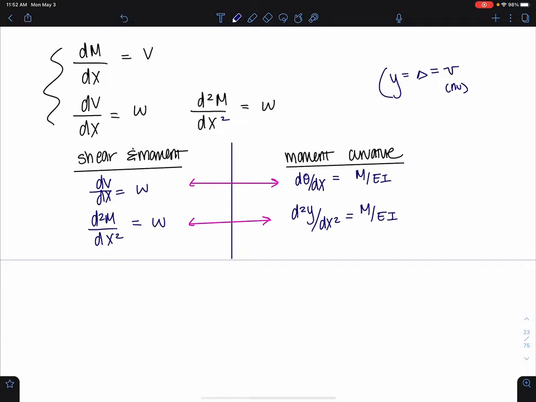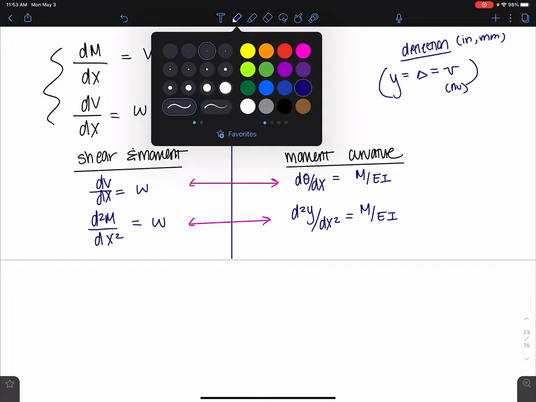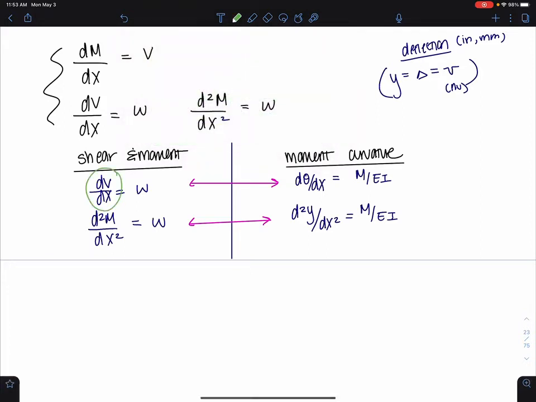These are all symbols for deflection, in inches or millimeters. Okay, so back to this relationship. We have a first derivative and a first derivative, a second derivative and a second derivative.